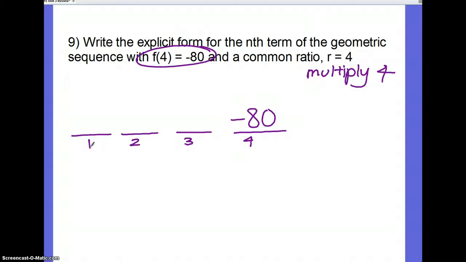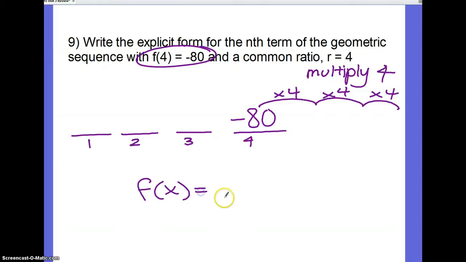And we know that it's multiplying by 4 going this direction. And we want to know explicit form. So we need the first number, because that's how it'll be multiple choice on the test, and it's multiplying by 4, and it'll have an x minus 1.